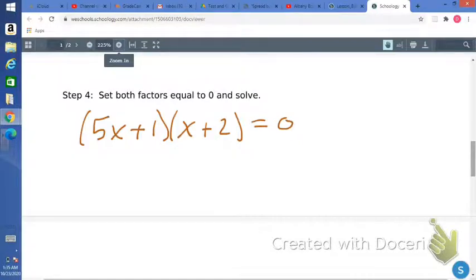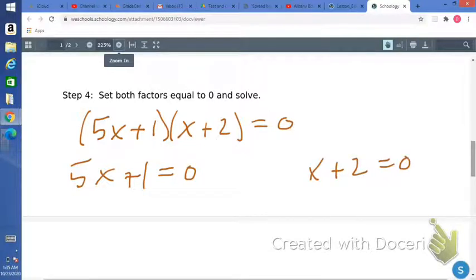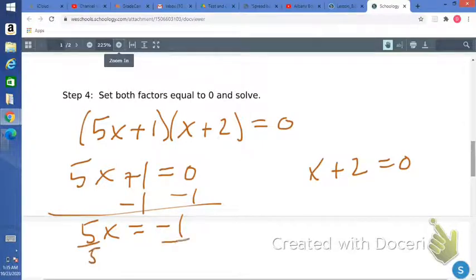So in step 4 we want to set both factors equal to 0 and solve. So we're going to have 5x plus 1, set that equal to 0, and then set the x plus 2 equal to 0. We're going to subtract 1 from both sides. So we have 5x equaling negative 1. Divide by 5.